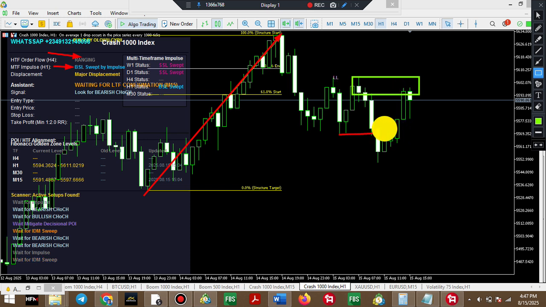I want you to take note of something. This whole move now, where in the Fibonacci leg is it operating? Where is this thing happening? If you are very clever, you will notice it is happening within the golden zone level, which is the 78.6 and what? 61.8.